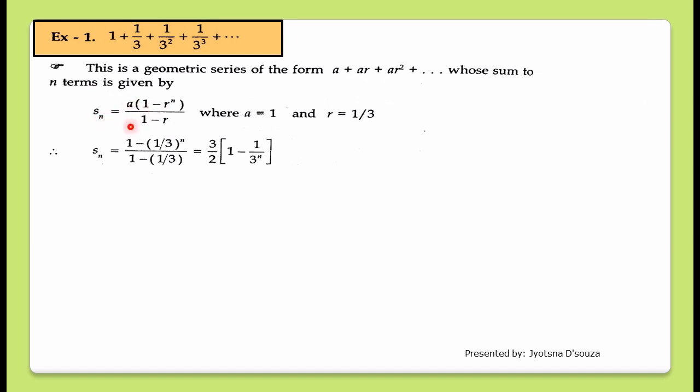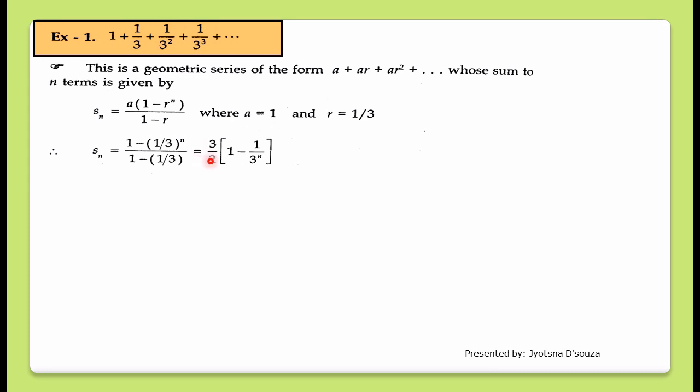So this is the formula to find out the sum of the n terms. Let us substitute in the formula. When we compare the general form with the given series, we can conclude that a is equal to 1 and r is equal to 1 by 3. So we substitute in the formula and when we simplify, we get 3 by 2 into 1 minus 1 by 3 to the power n.